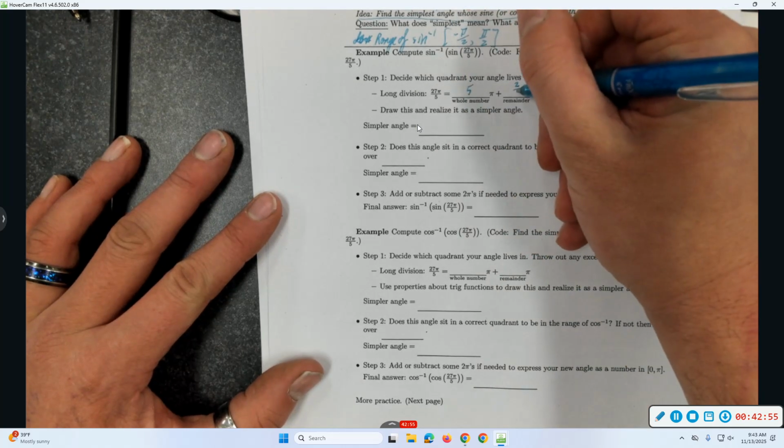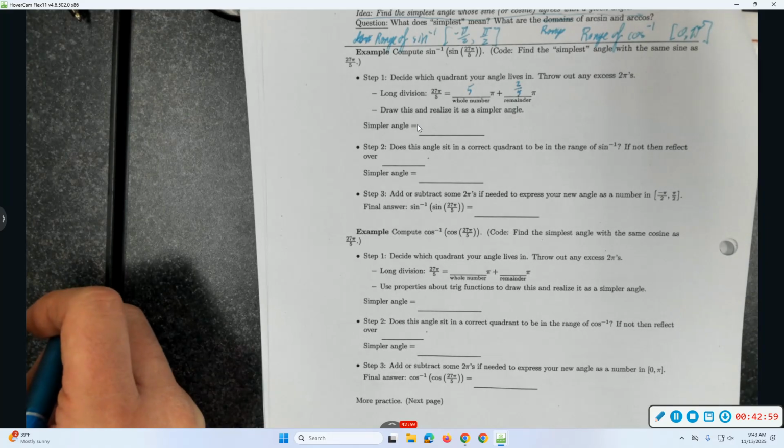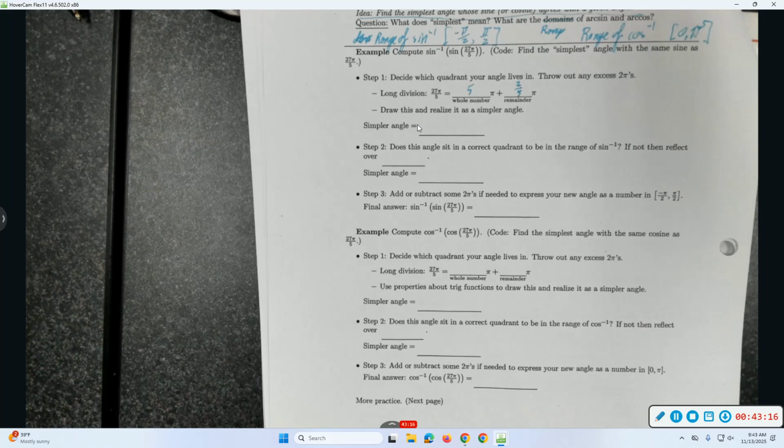Well, 2/5. How do you compute that? What's the short answer for how you find those things? You do long division, right? And you want me to actually do it? Okay, cool, then I'll do it.